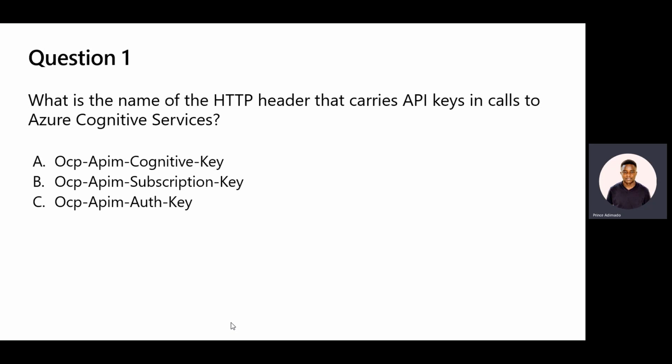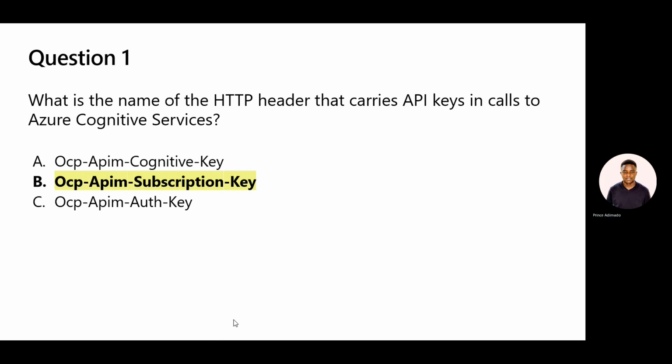What's the name of the HTTP header that carries API keys for calls to Azure Connected Service? What's the answer? So it is B. It is Ocp-Apim-Subscription-Key.